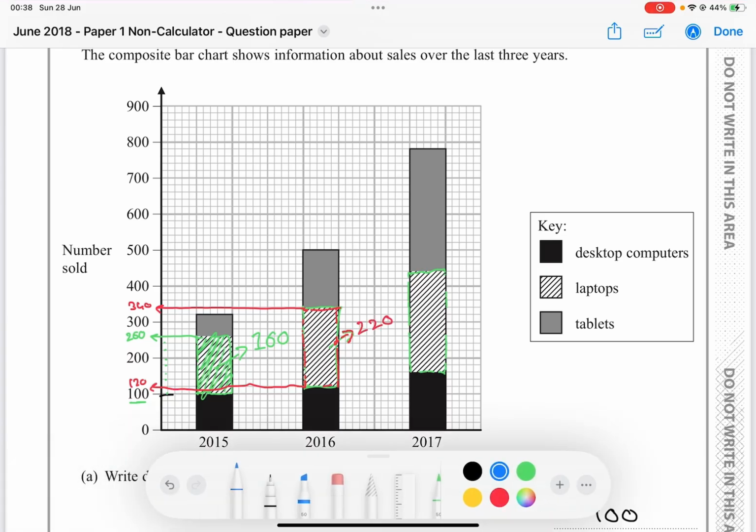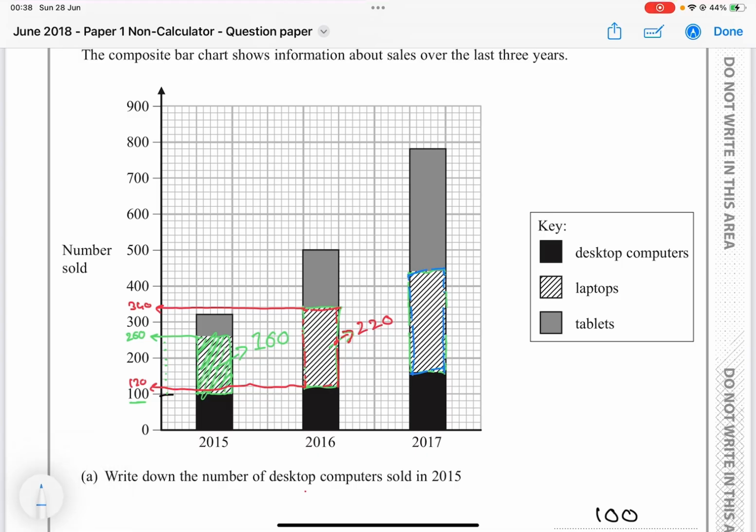And finally, we can work out the last bit, which I will do in blue. Now this one goes from here, and if we need to read this off, if that's 120, 40, 60, so that'll be 160.